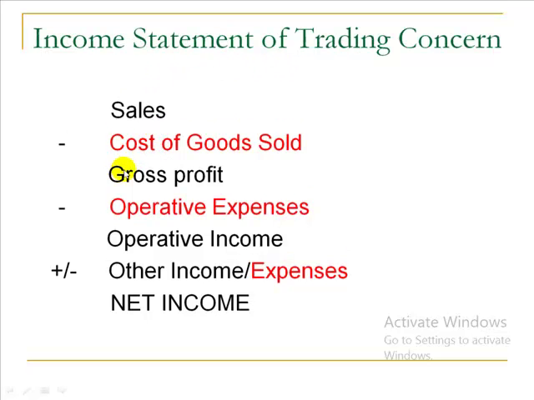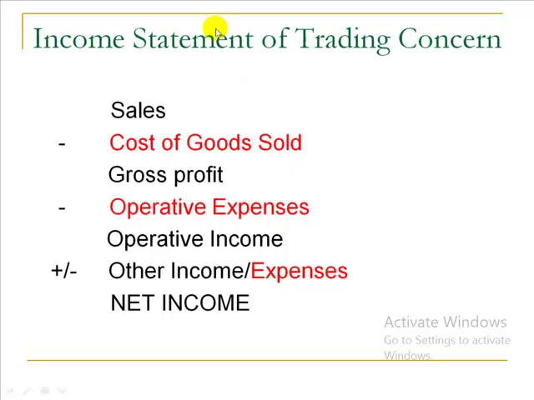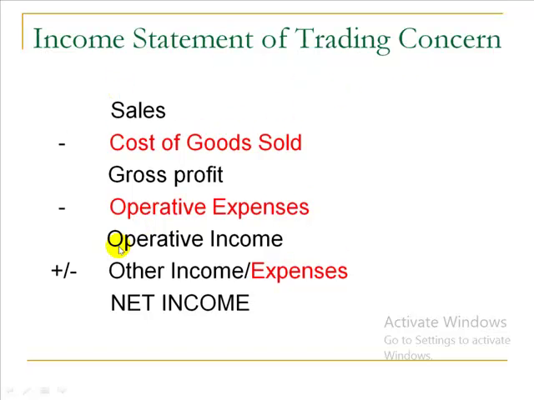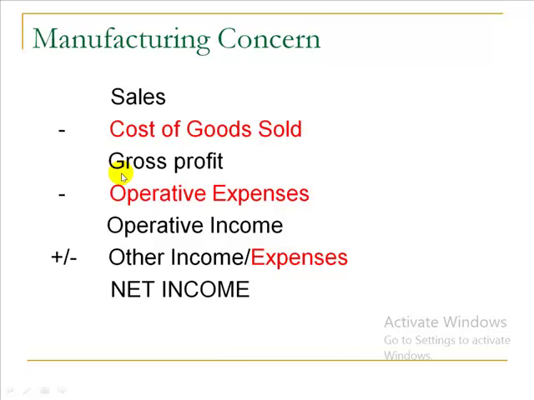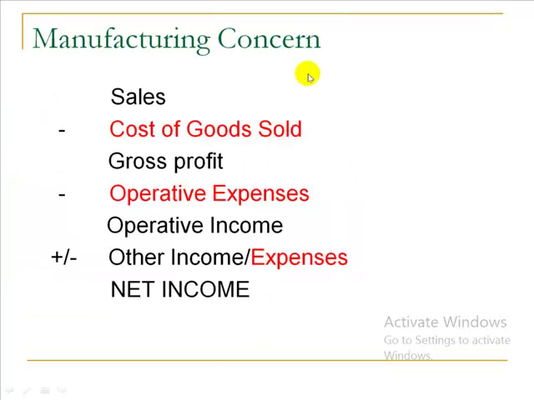In both statements you can see cost of goods sold. The income statement format is the same in manufacturing and trading concerns: sales, gross profit, operating expenses. But the difference is in the calculation of cost of goods sold in a manufacturing firm.